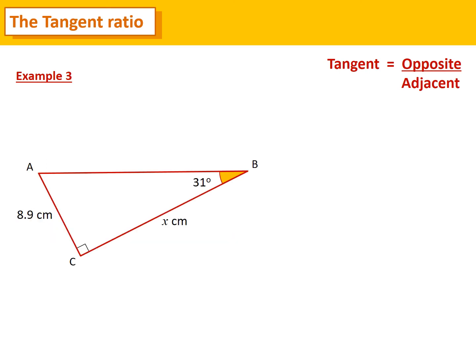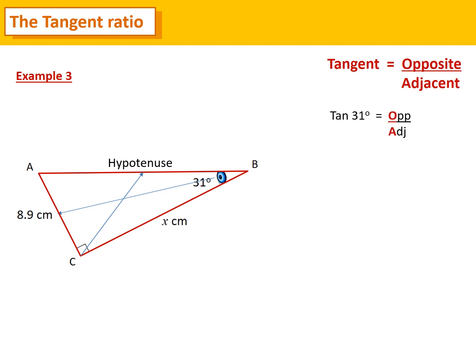In example 3, with the angle marked in at B, just be clear which the sides are. The eye of the angle, as ever, looks at the opposite side, so that's 8.9 is the opposite. The right angle looks onto the hypotenuse, which means the side marked X is the adjacent side.